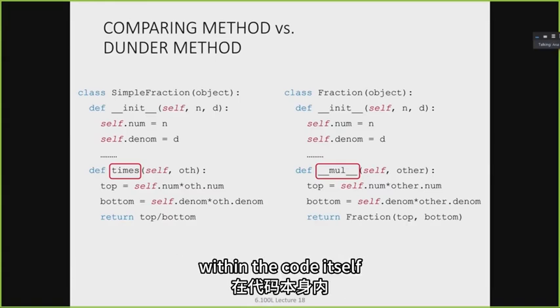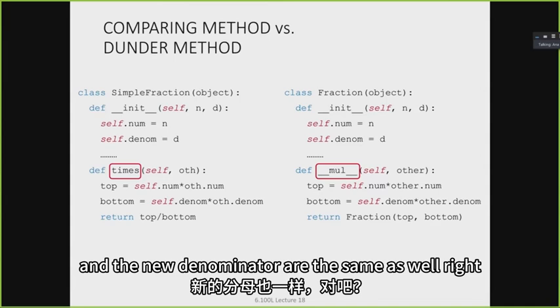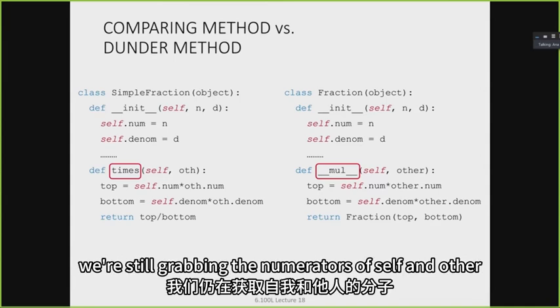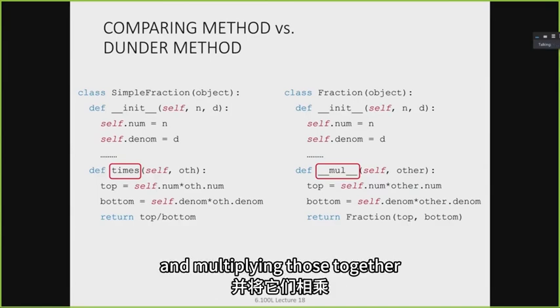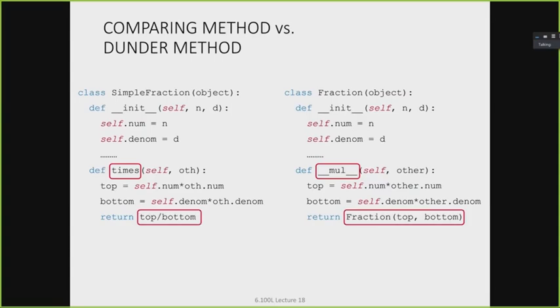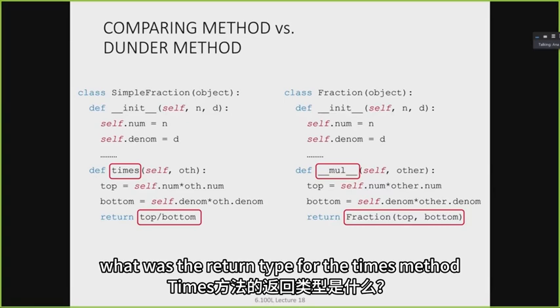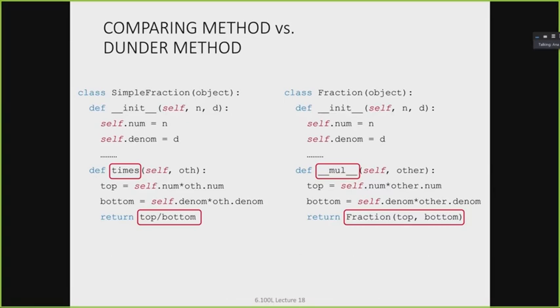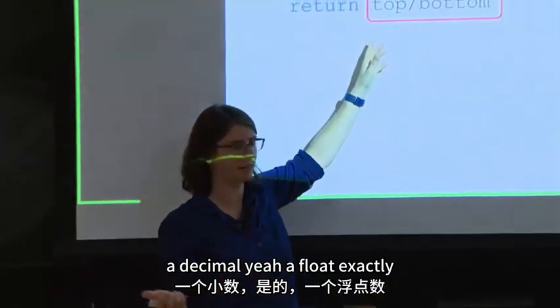Within the code itself, the calculations of the new numerator and the new denominator are the same as well, right? We're still grabbing the numerators of self and other, the denominators of self and other, and multiplying those together. What's different is in the returns. What was the return type for the times method? A decimal, yeah, a float, exactly.